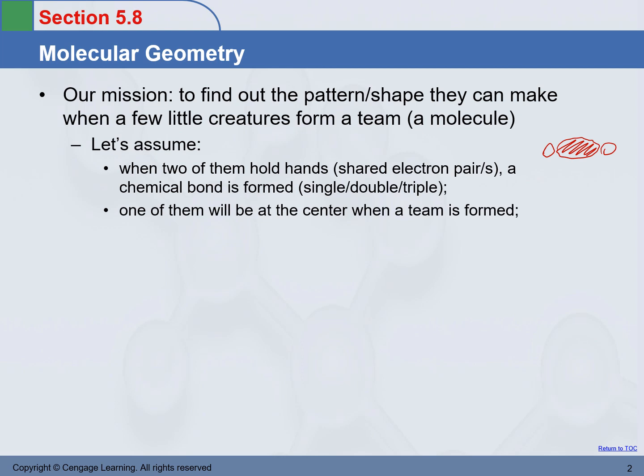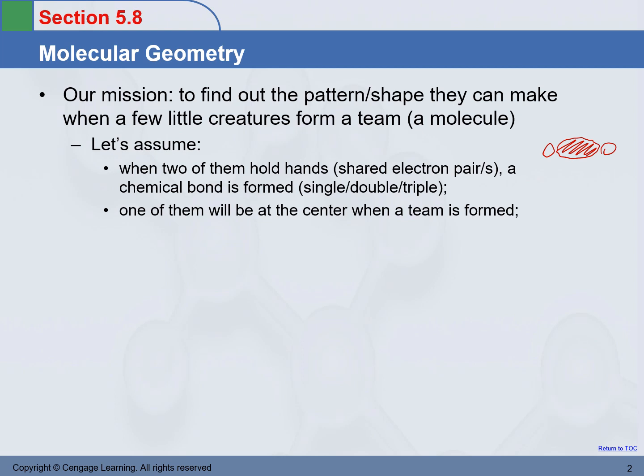One of the little creatures inside a molecule, or inside a team, will be at the center. In the Lewis structure procedure in the last lecture, we realized that for the majority of the molecular structures we talk about, there will be an atom in the center.